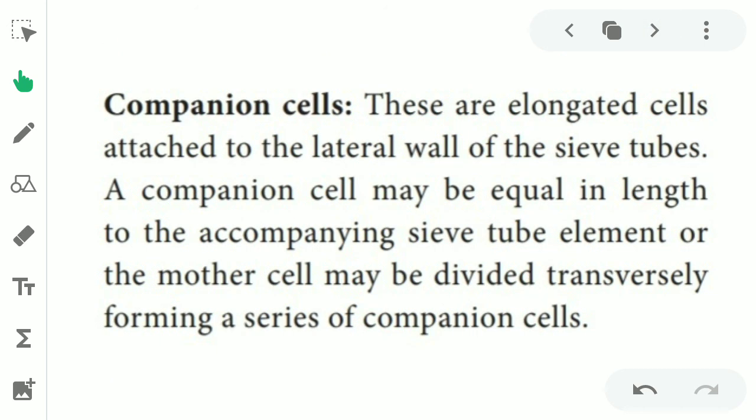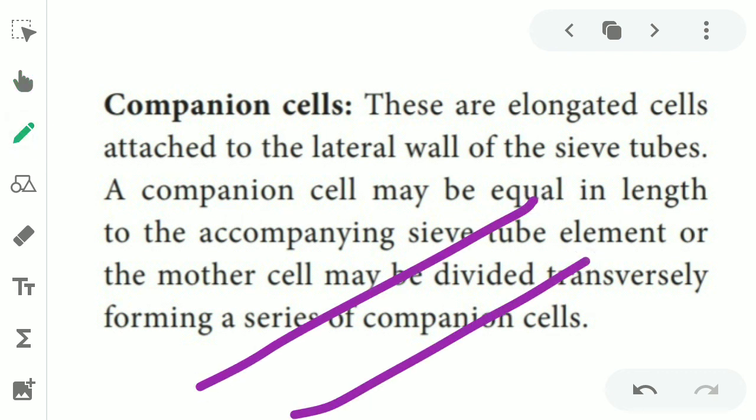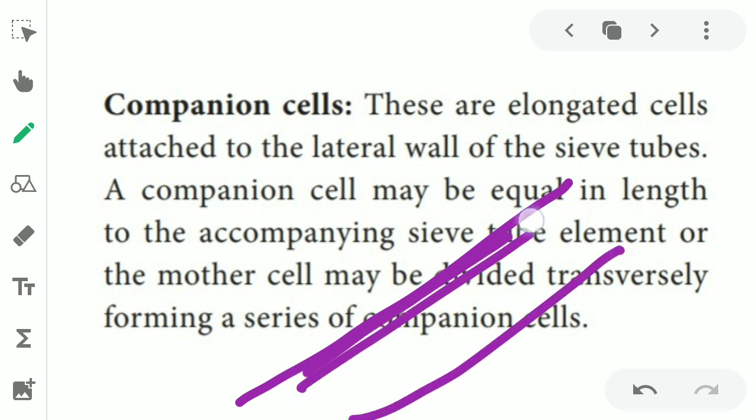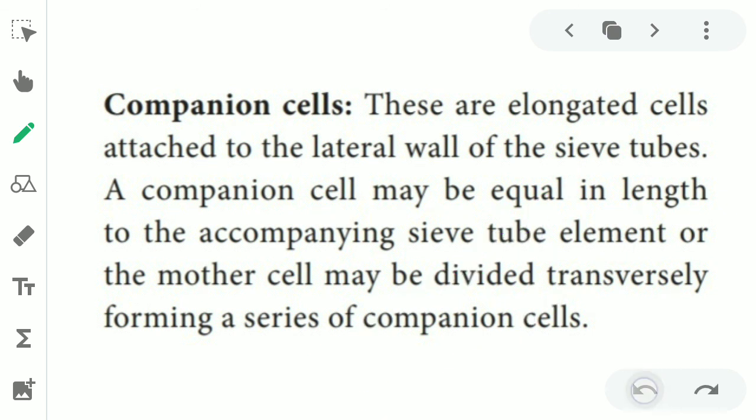Companion cells are elongated. Elongated means lengthy, tube-like structure, attached to the lateral wall of the sieve tube.